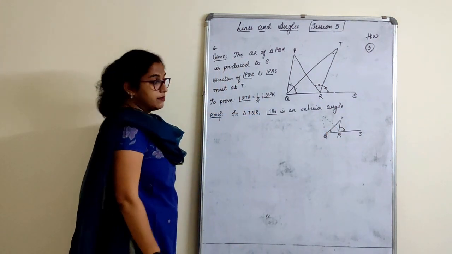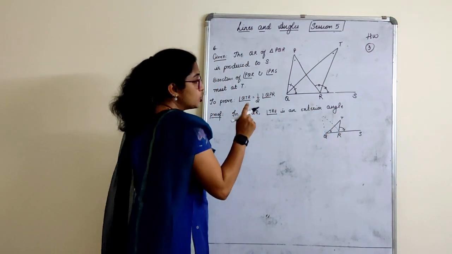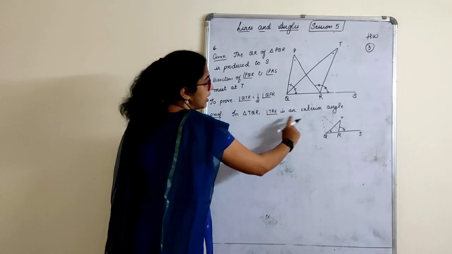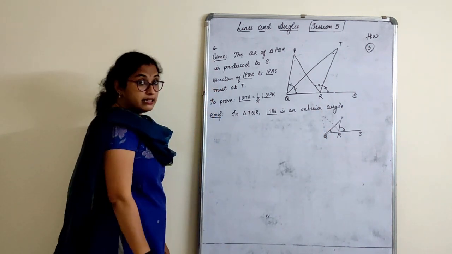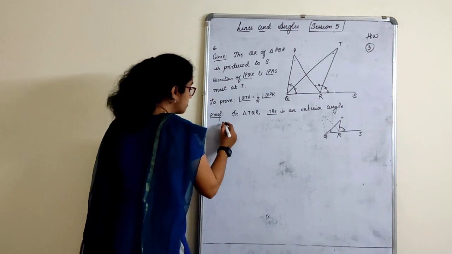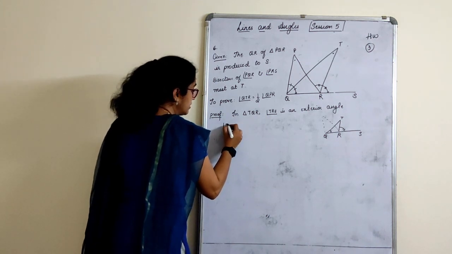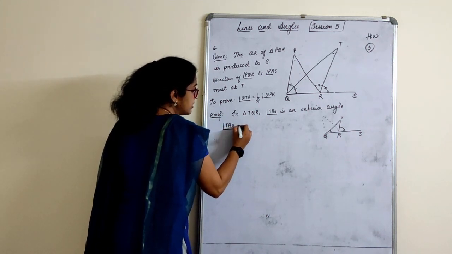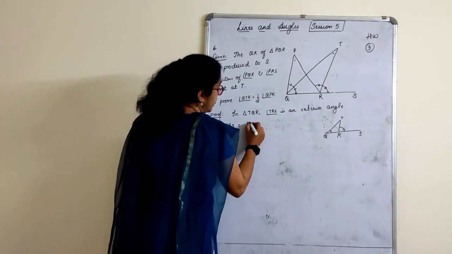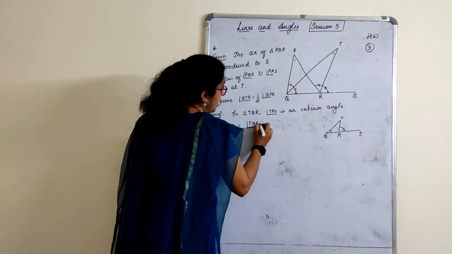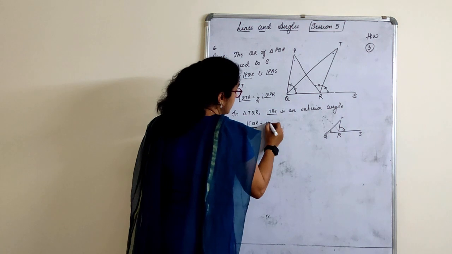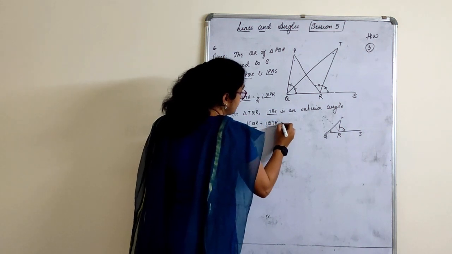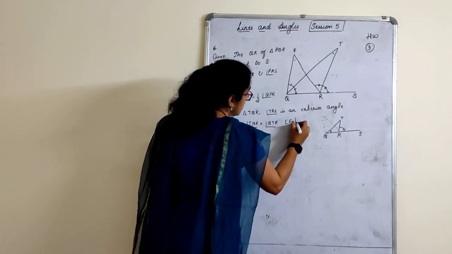So that is a triangle I have chosen. So in triangle TQR, TRS is the exterior angle. With respect to exterior angle, can I write angle TRS is equal to angle TQR plus angle QTR. Reason?